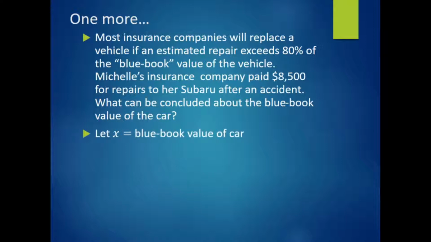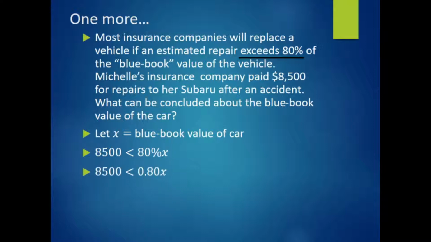The unknown here is the Blue Book value of the car, and the keyword exceeds 80% of the value is going to lend itself to a less than with the following inequality translation. The repair price is less than 80% of the cost of the car.